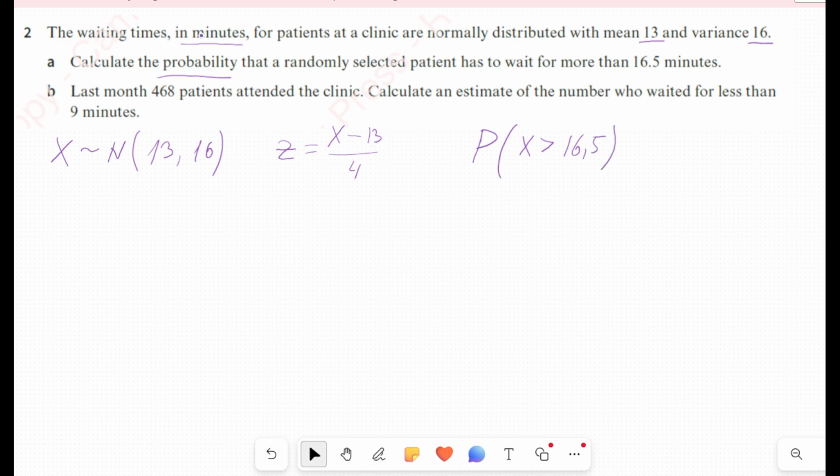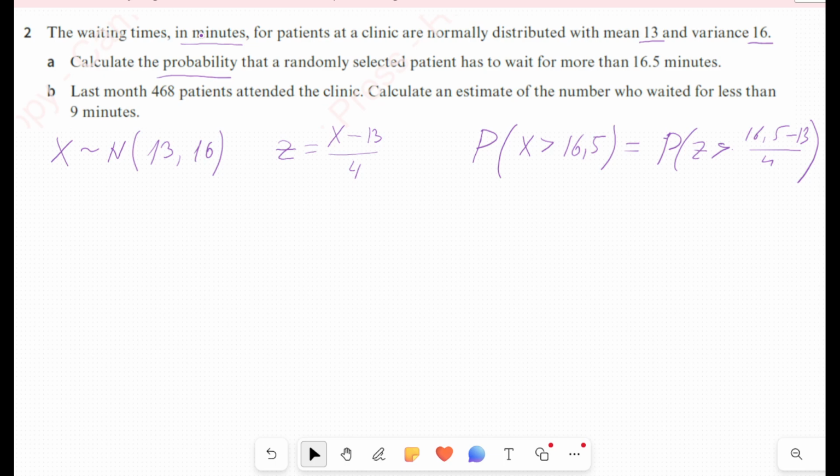16.5, and this is the probability that Z is larger than 16.5 minus 13 over 4. Then let us calculate that.